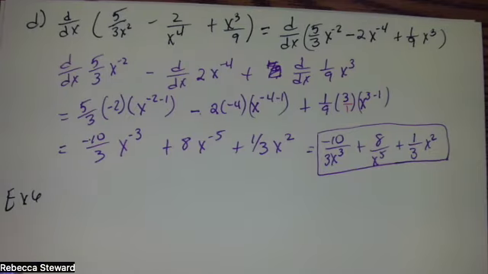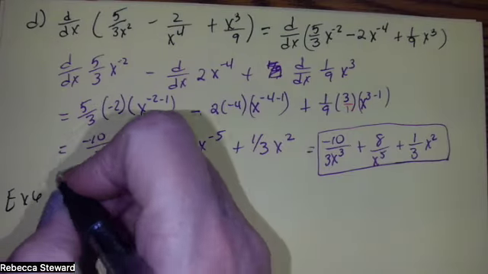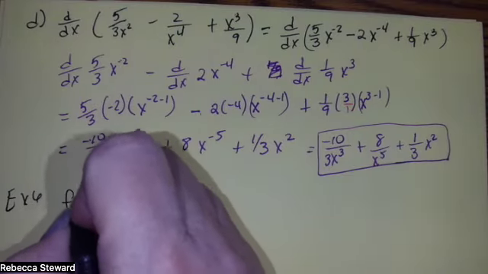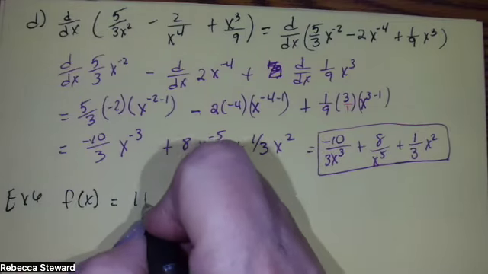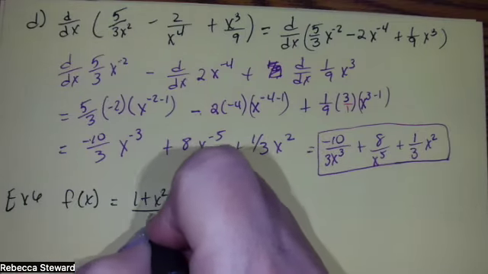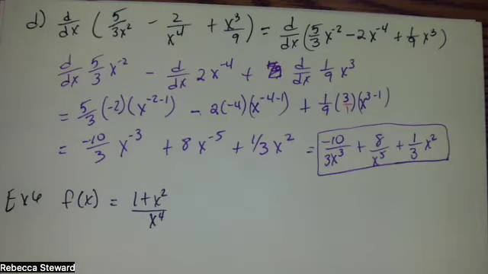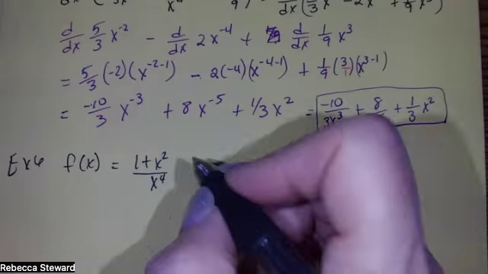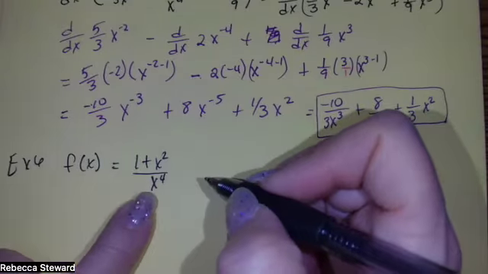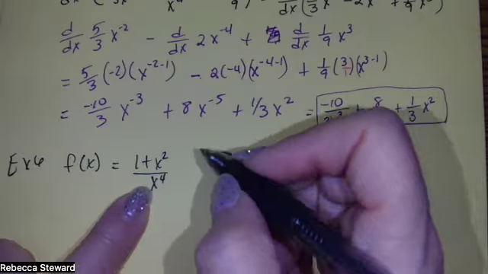All right, so for example 6, we're just going to find the derivative. So we have f of x equals 1 plus x squared over x to the 4th power. So first thing we want to do again is rewrite this. So we're going to put each part over the exponent.